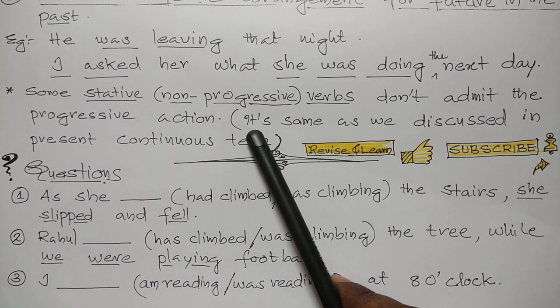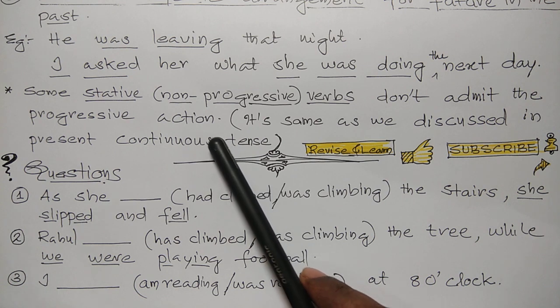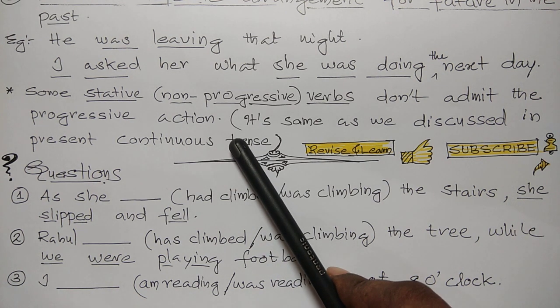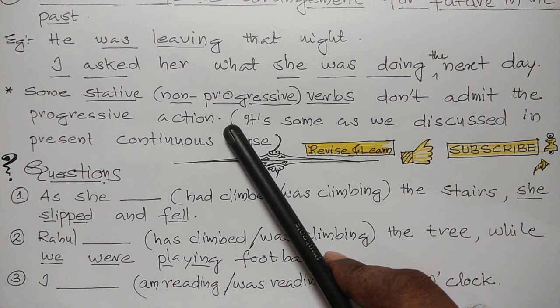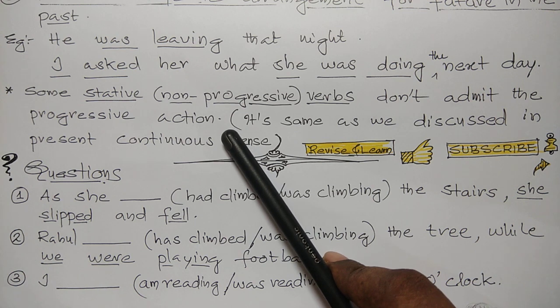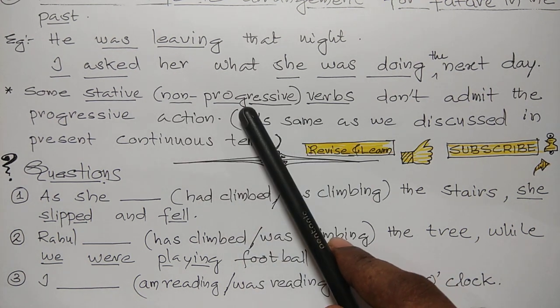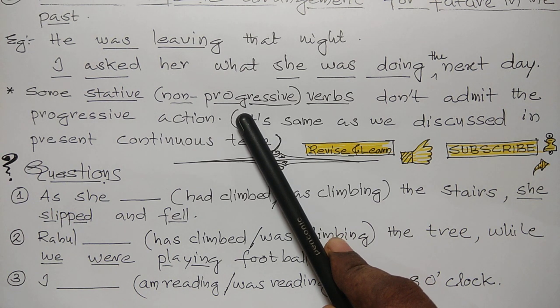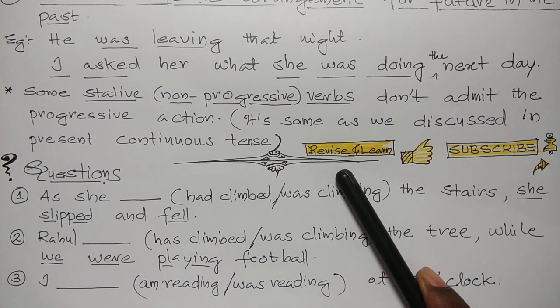That is the same as we discussed in present continuous tense. So please watch the present continuous tense in the playlist. Here also it is applicable. If you are using such kind of stative verbs, we don't use the continuous tense. So that's all about past continuous tense. Please revise once or twice.